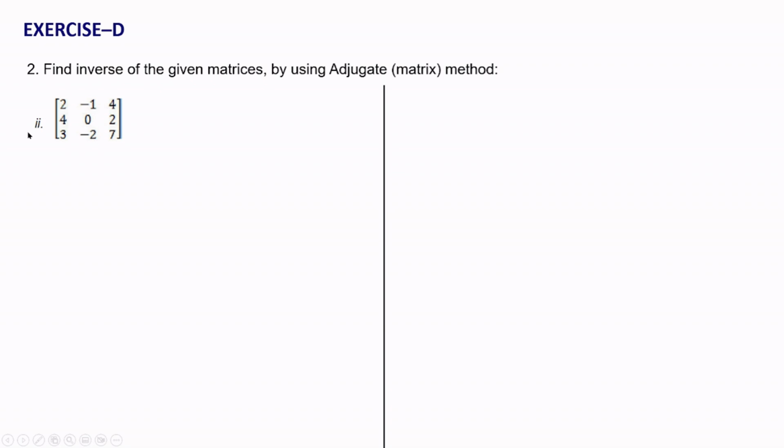Then the next subdivision, we have to find A inverse for this matrix. So let us take this as equal to A. Now determinant of A, expand along R1.